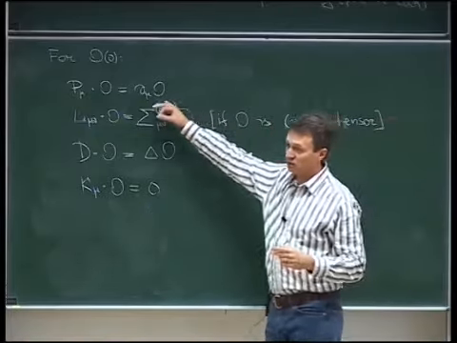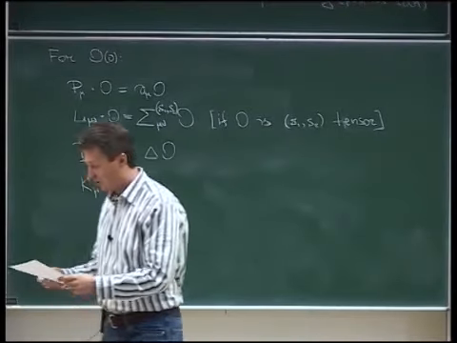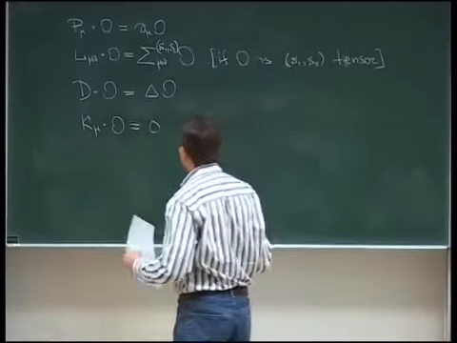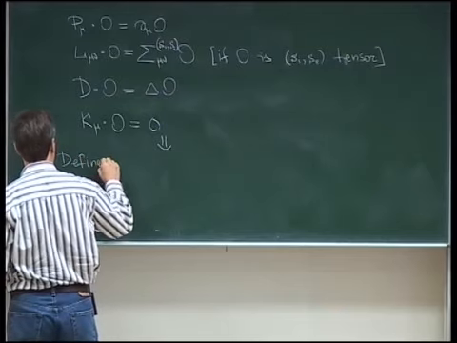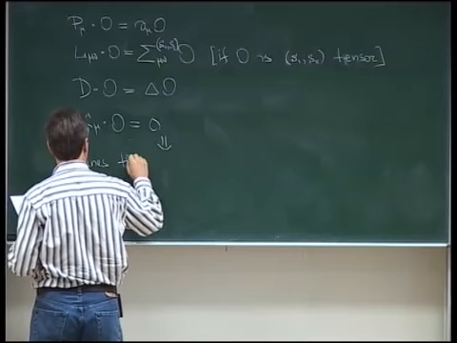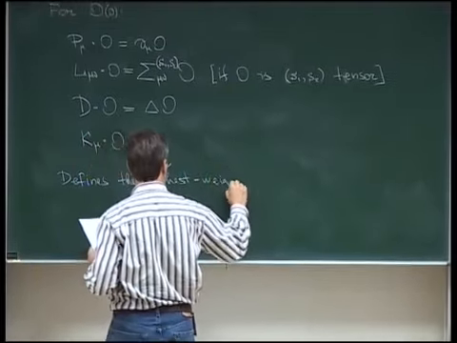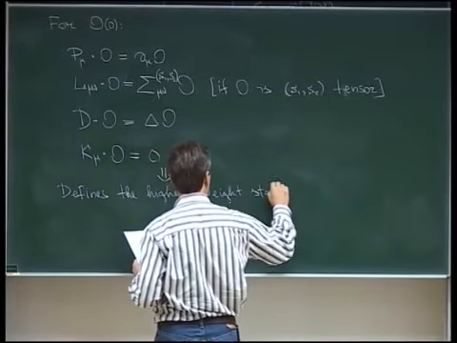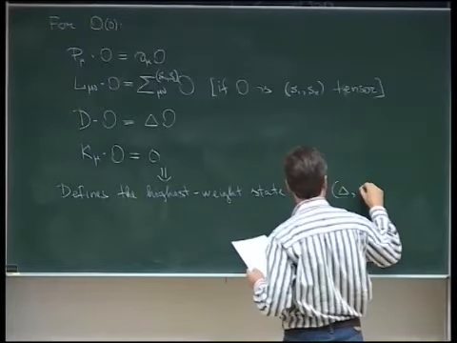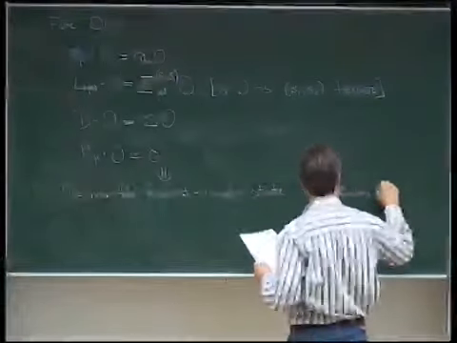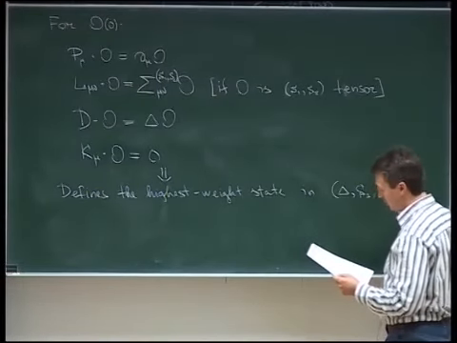So the derivatives are called descendants. And so this defines the highest weight state in the representation of the conformal group that is characterized by spins and the conformal dimension.